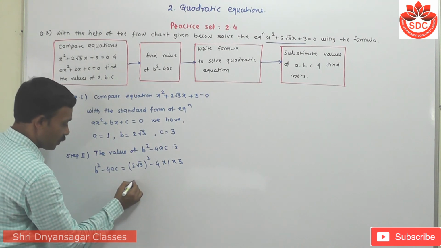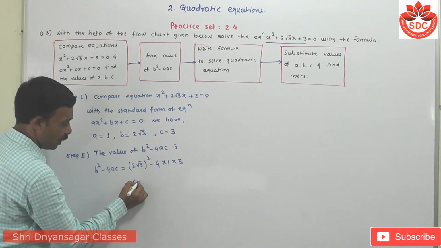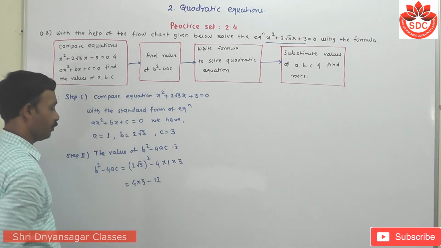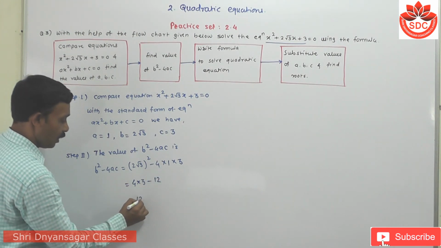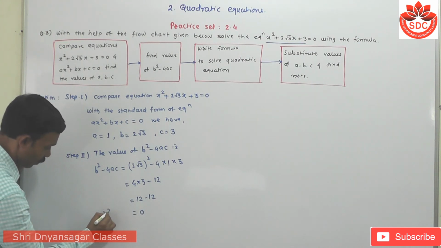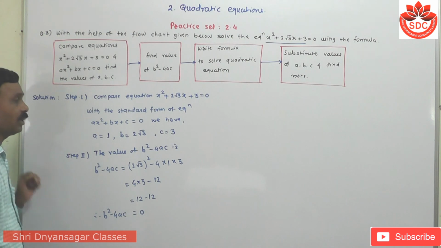Square of this is 4, root 3 square is 3, minus 3 4s are 12. 3 4s are 12, 12 minus 12 is equal to how much? 0. It means that the value of b square minus 4ac is 0.